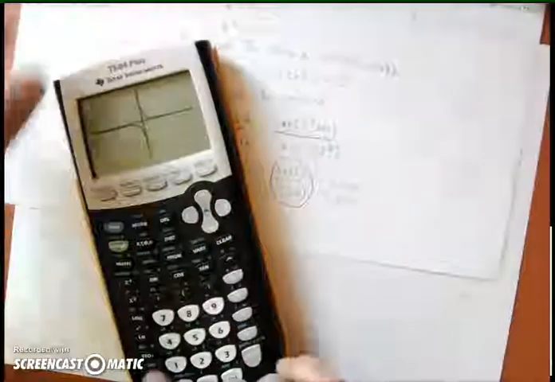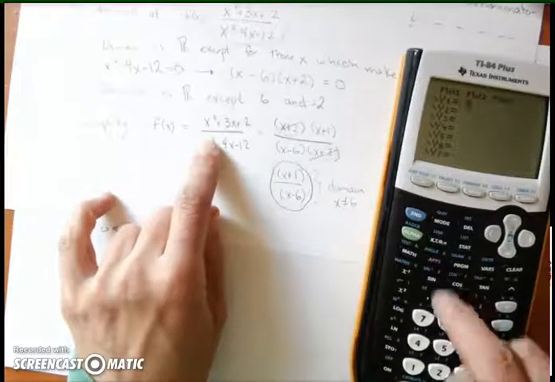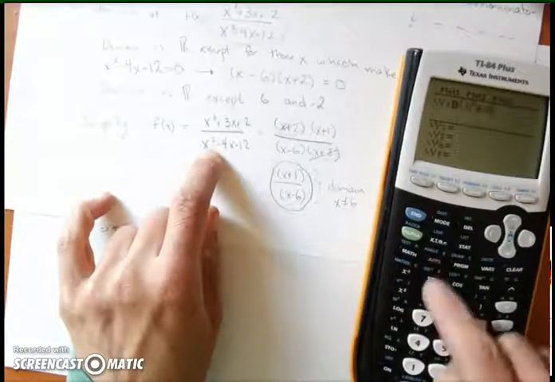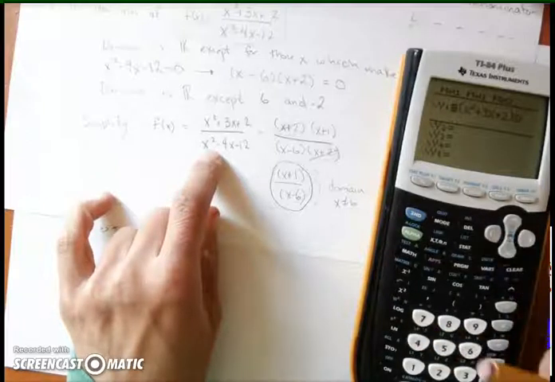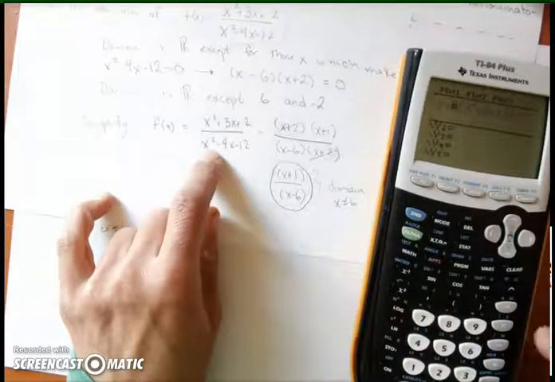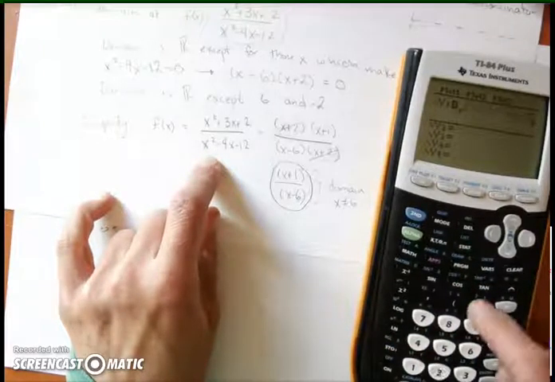So again, we can look at this function, y equals, in the numerator, x squared plus 3x plus 2, and in the denominator, x squared minus 4x minus 12.